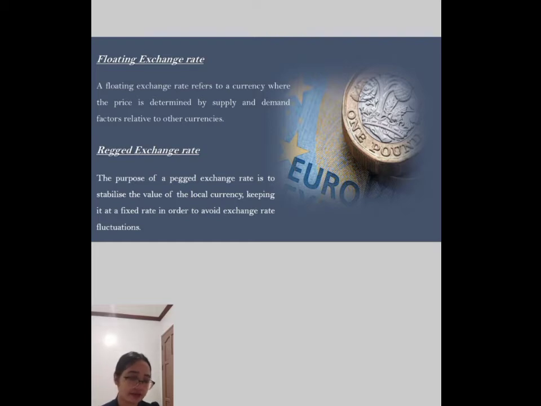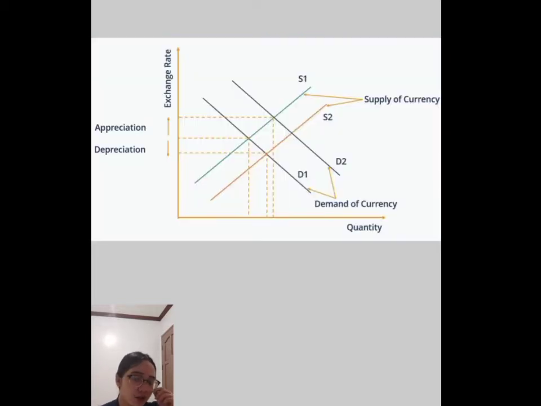So the graph that I've shown is an example of an increased currency supply from S1 to S2. At the same demand, D1, this implies that the currency pair price will depreciate, as you have seen.